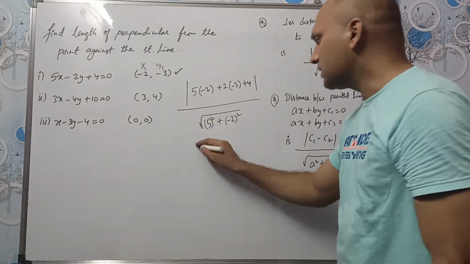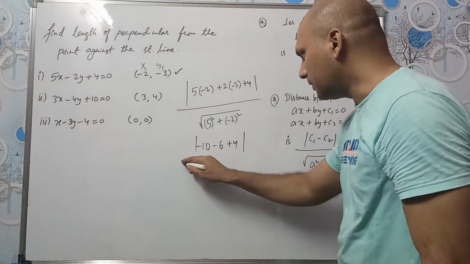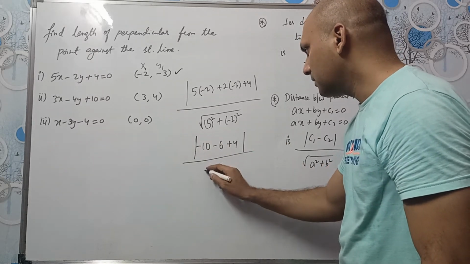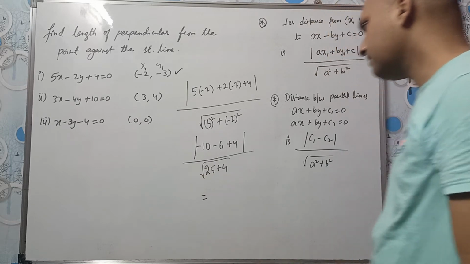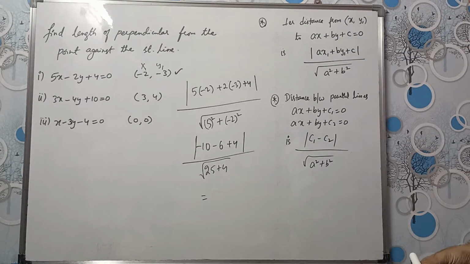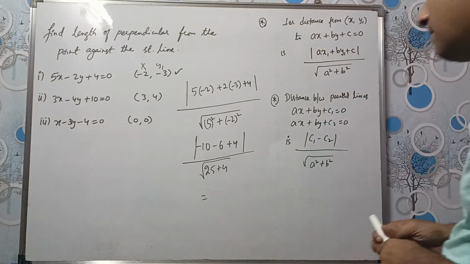So this is minus 10 minus 6 plus 4, modulus, divided by 25 plus 4.